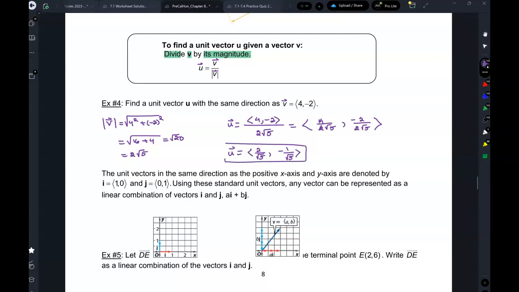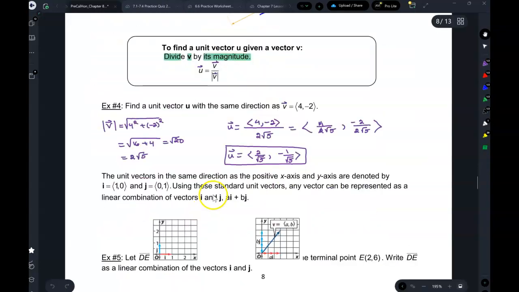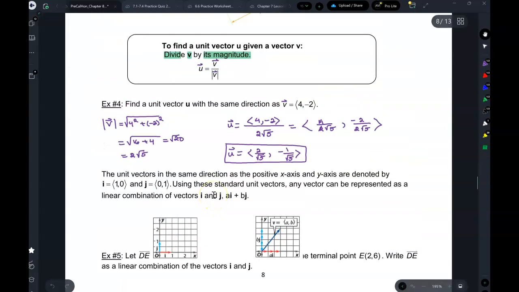Okay. And you know what? This seems really abstract for the time being. So I'm actually going to show you what it is that we have done here, right? So look at this. The original vector we had was <4, -2>. And then the unit vector turned out to be this business.